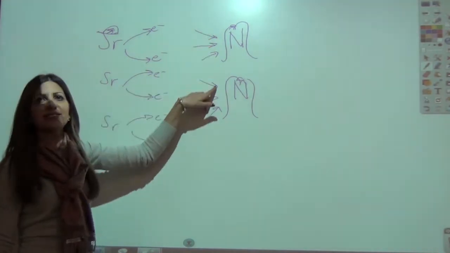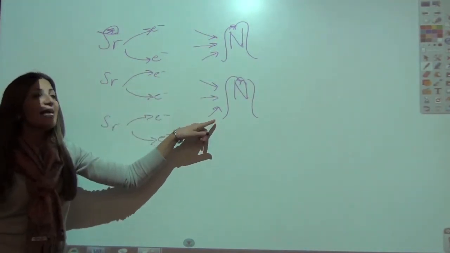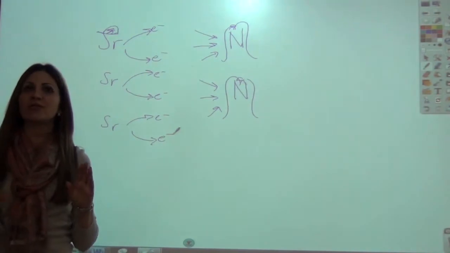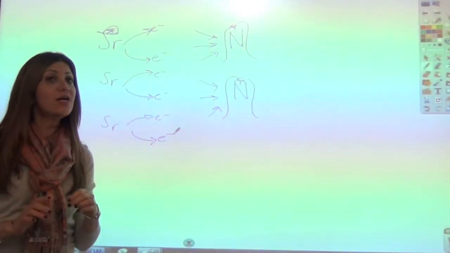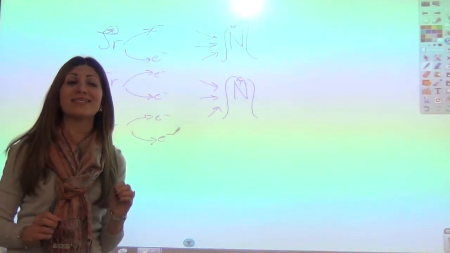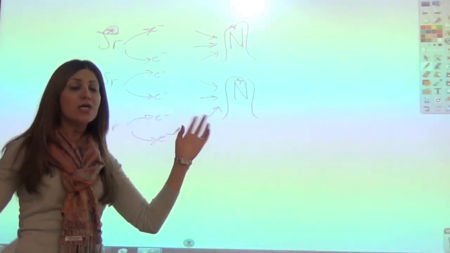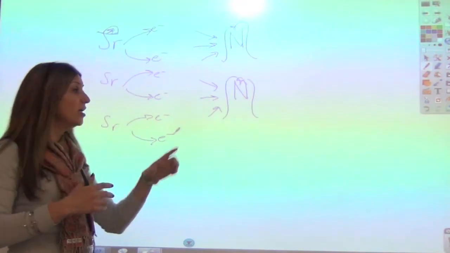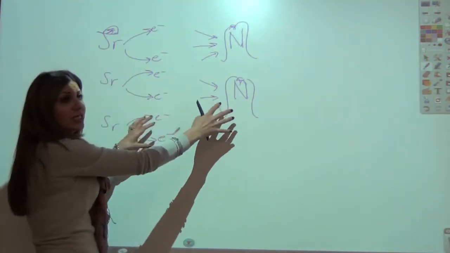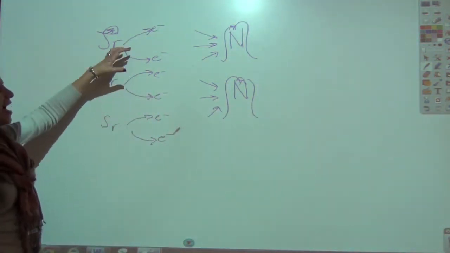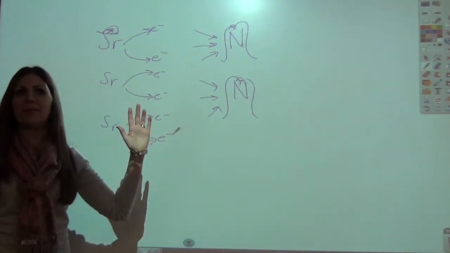and how many being taken? 6. It has to be electrically neutral in order to form a compound. Otherwise, it does not exist in nature. Okay? It will not exist in nature. Doesn't happen. Those 2 elements will not come together unless they come together in this way. So you would never have Sr2N. It's not going to happen. Okay?